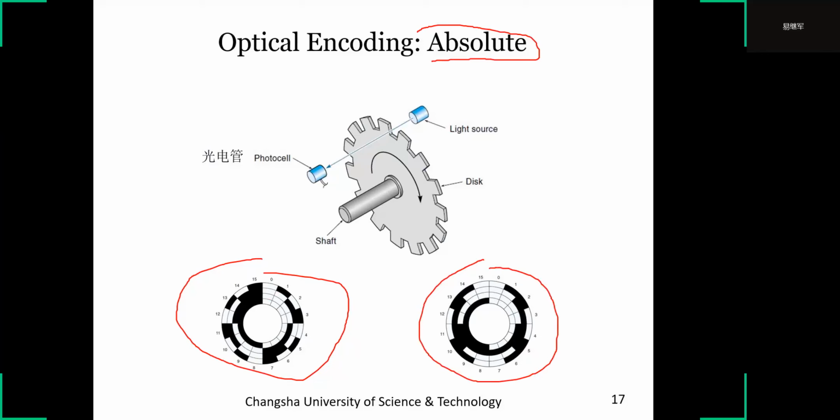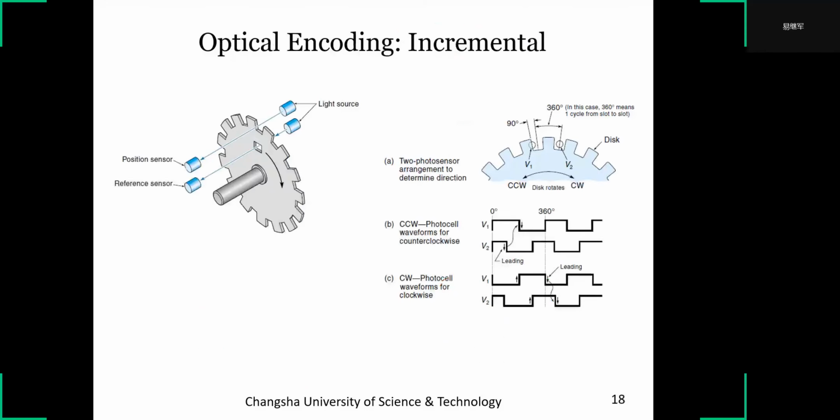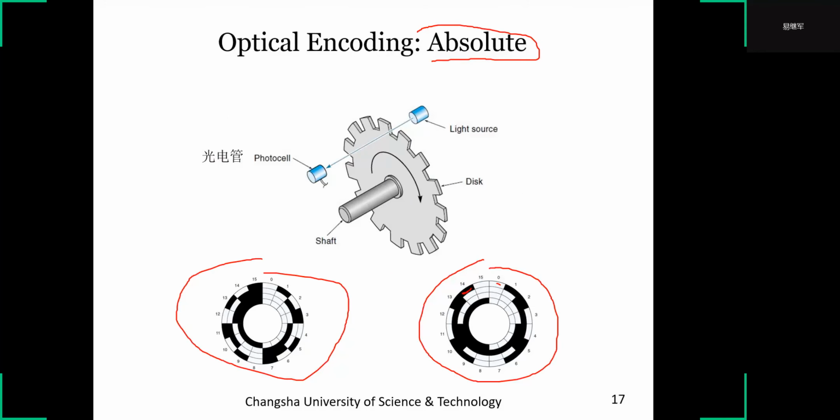The different colors mean that white is a hole and black is solid. This is the incremental.